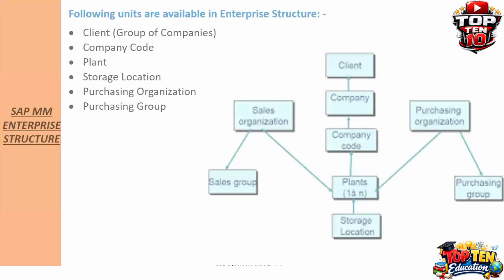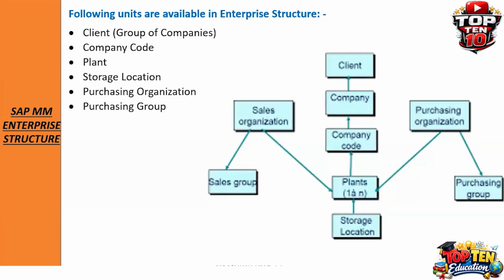as per the enterprise structure, there is one tree, the organization tree or enterprise tree. It starts with client, then moves to company, then company code, then obviously plants. From plants, we can take many organizations such as for procurement, there is the purchasing organization. For sales and distribution, there is the sales organization.